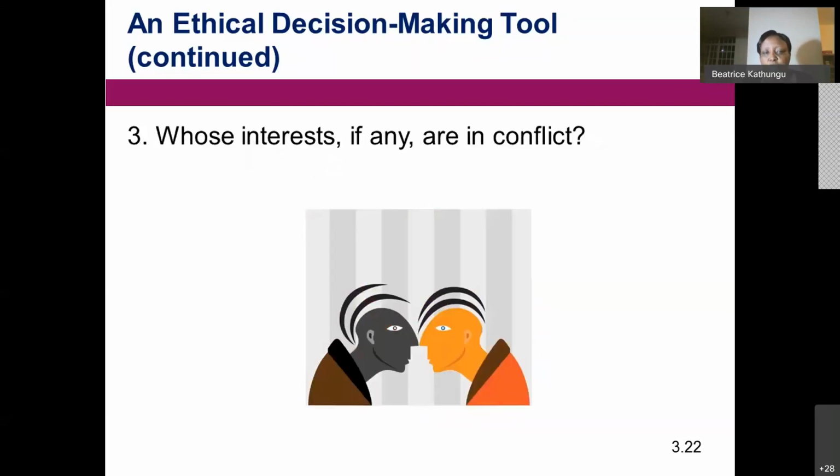Then thirdly, you think about the interests. Remember, we've talked about interest as being important. So whose interests, if any, are in conflict? Now, here there was a conflict between Titi's organization and Titi herself. There was also the interest of the client. So there's the client, there's the counselor, there's her organization. Sometimes the organization wants you to keep clients in the program because they want the money the client is paying.